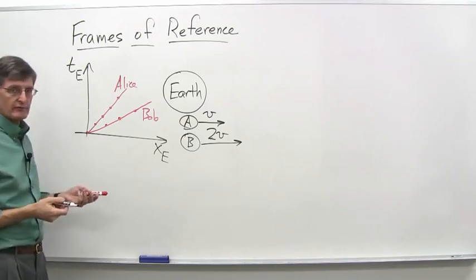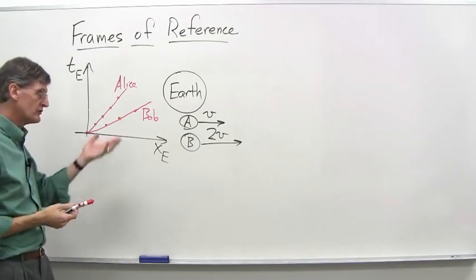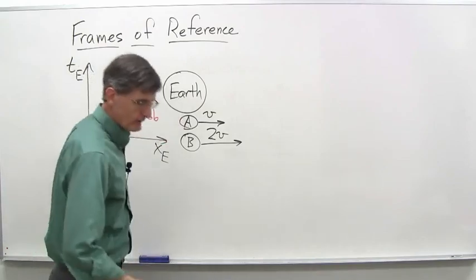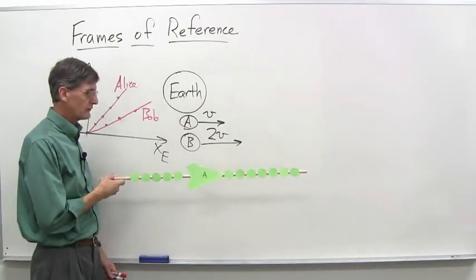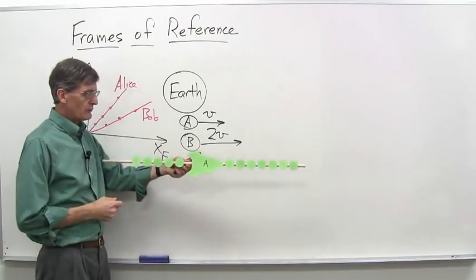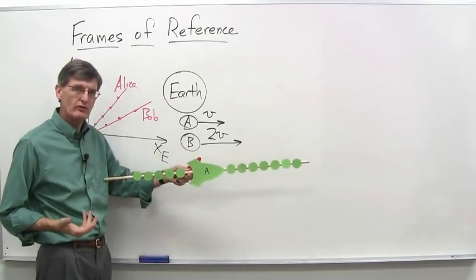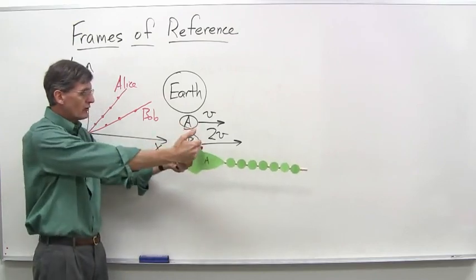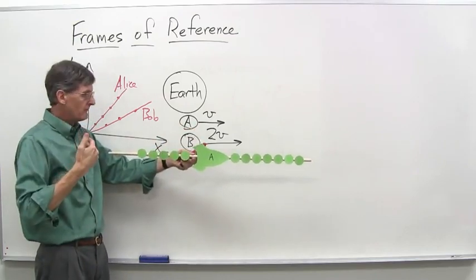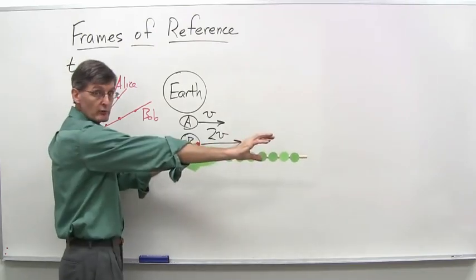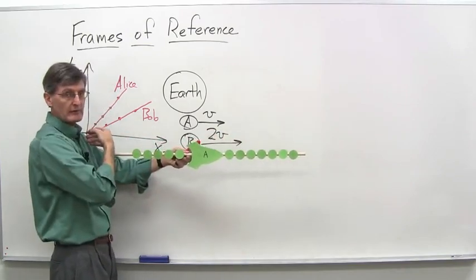What would Alice see from her perspective? As far as she's concerned, she's sitting here. We'll pretend she doesn't know if her engine is on or anything like that. She sees Earth going backwards, away from her, and she sees Bob going forwards, away from her to the right. So Earth is receding back to the left.